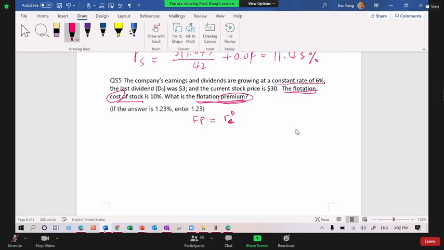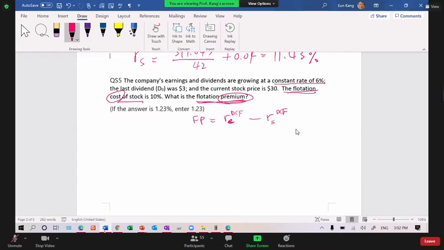But you have to use the DCF method when you use retained earnings. This is the only way, because with the CAPM method and the bond yield plus risk premium method, you cannot incorporate flotation cost. Only the DCF way incorporates it.